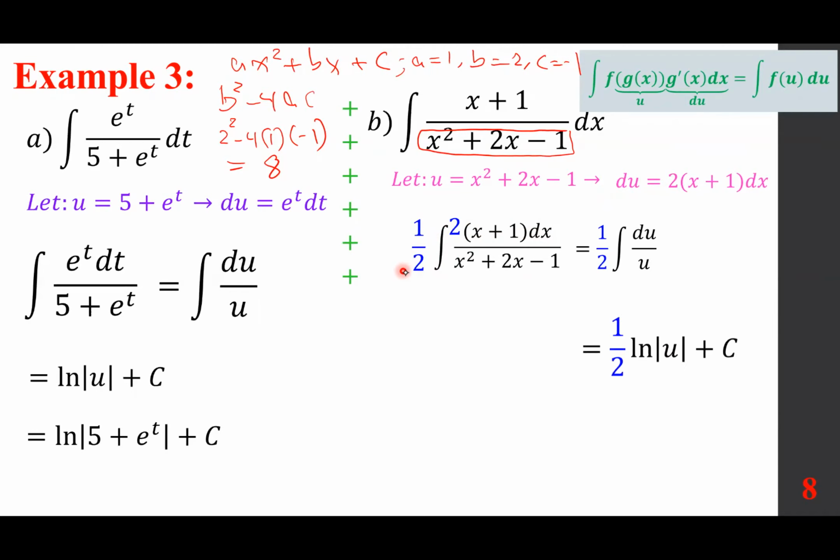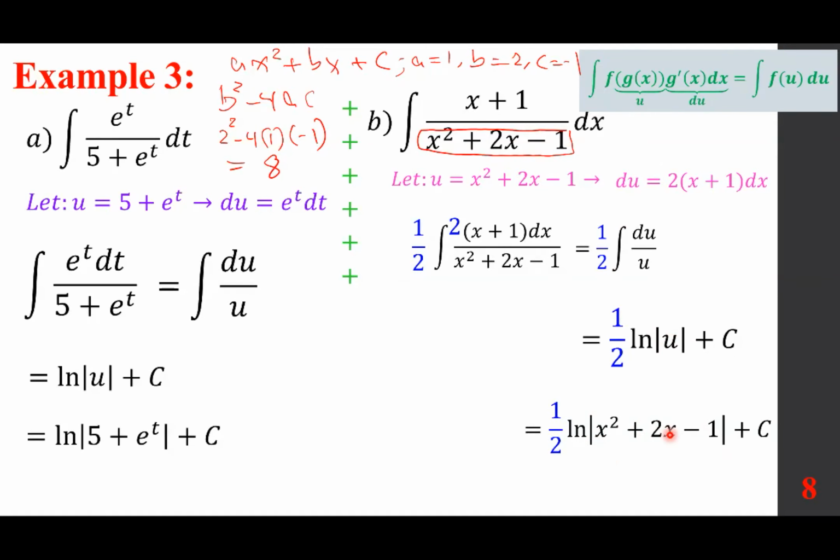Which is 1/2 natural log of u, plus a constant, and replace the u. That's the final answer. And by the way, this expression could be positive, could be negative. Therefore, we must keep the absolute value, whereas here we could have lost it. It's always positive.